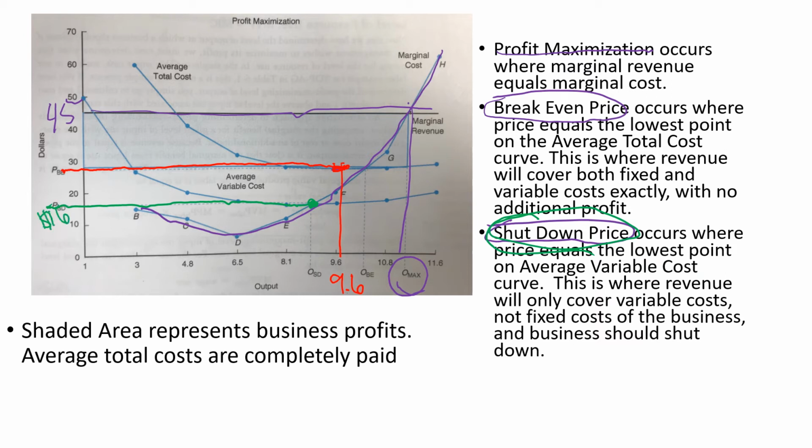So if the market price would fall to about $16 or $17, then this firm would decide to shut down, because at that point they are only meeting their variable costs with the amount of product that they're selling. So they're not able to pay any fixed costs. So at that point, they would shut down.